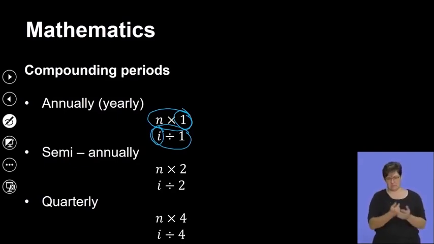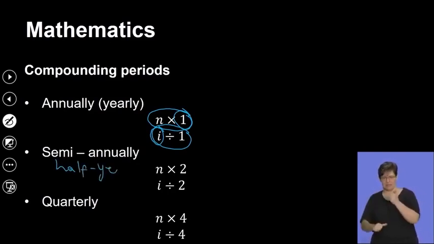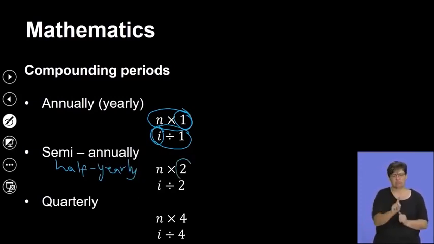But now, semi-annually, which at times means half yearly. So at times they use the word half yearly, which you also need to be familiar with. It means that in every year, you get the interest twice, every 6 months. And the interest that would have been quoted to you, you're going to divide into 2 parts because it is going to be given to you twice in that year.